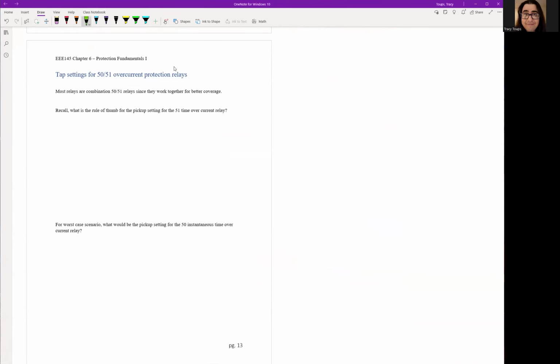Let's ask ourselves, like a quick cheat sheet, how are we going to do the settings? Just a recall: check to make sure the pickup is 150% of full load amps. That's the first design step. Number two, check to make sure a minimum fault will trip the relay.